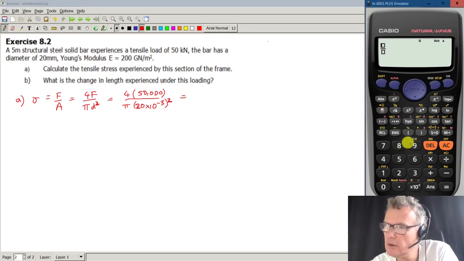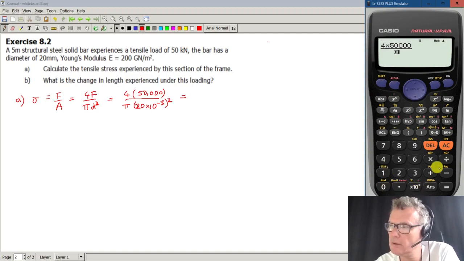So we're going to have 4 times 50,000, and then we're going to have a pi times 20 times 10 to the power minus 3, and then I want to square all that number.